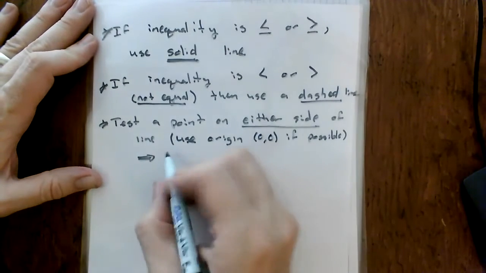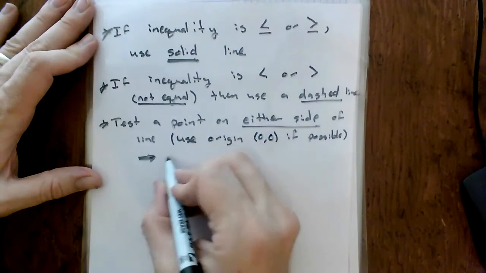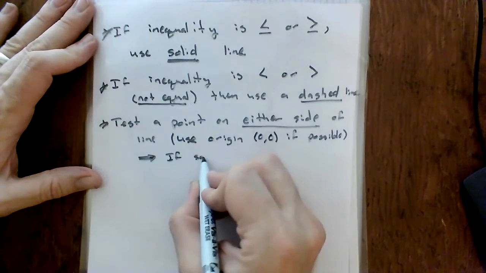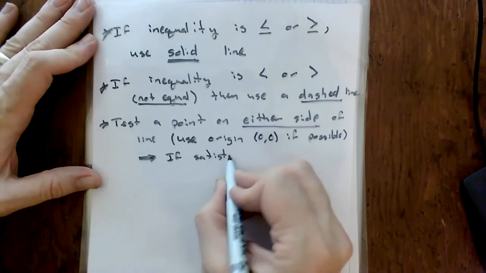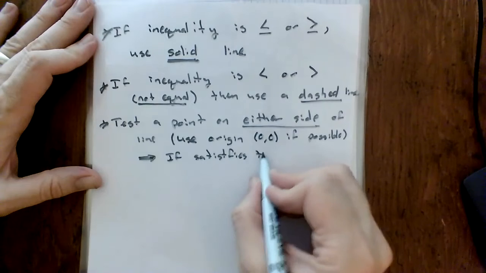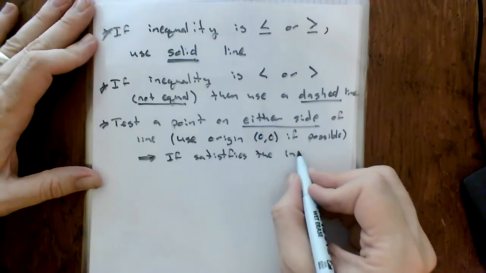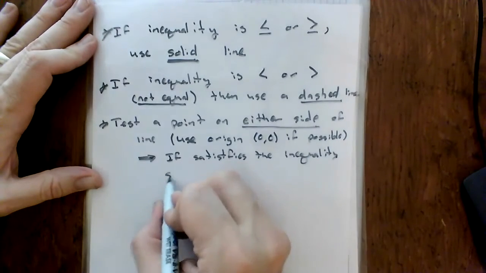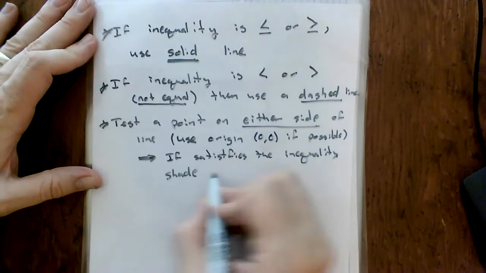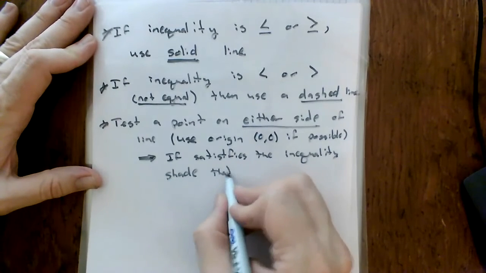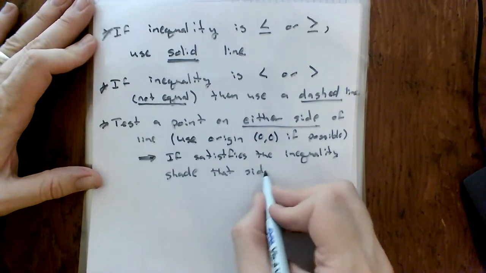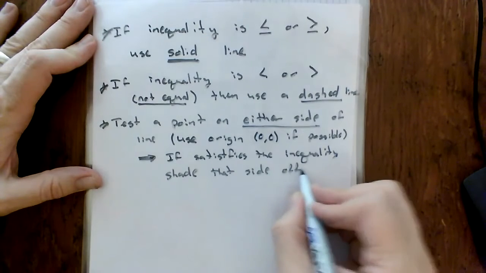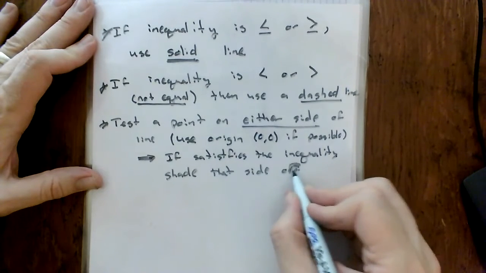And if it satisfies the inequality, we're going to shade that side of the graph.